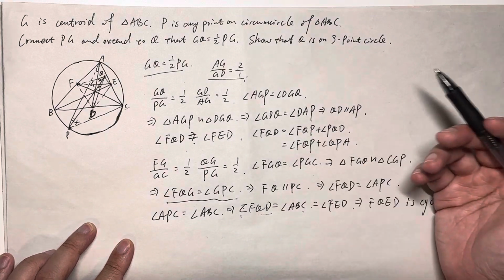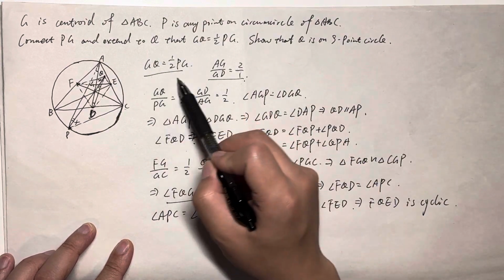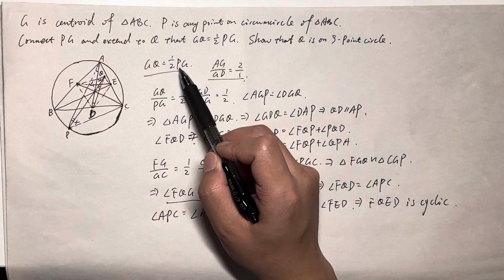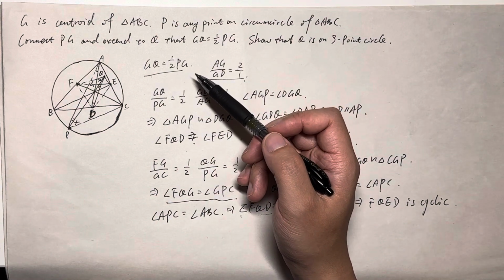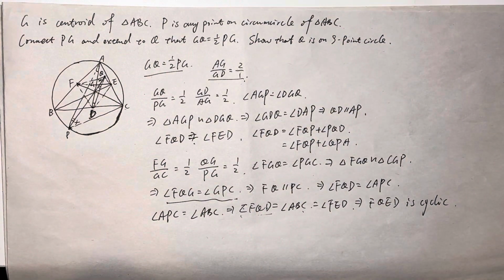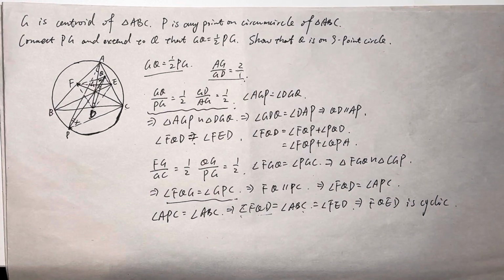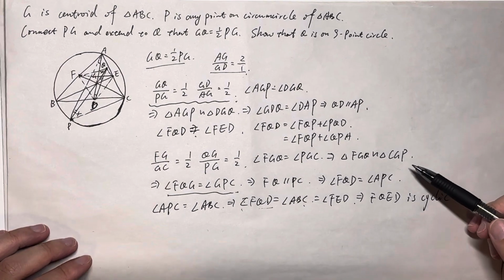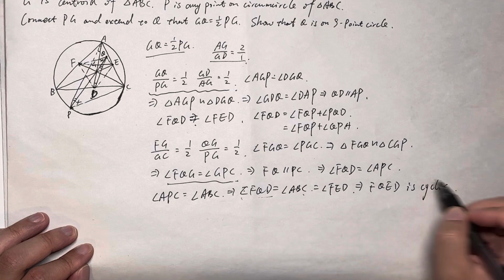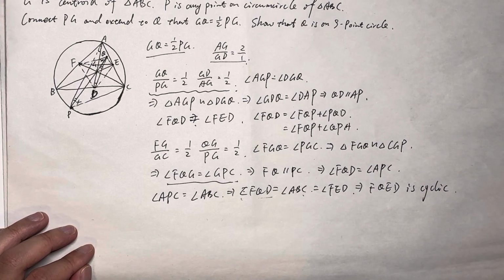So we need to correlate that to GQ to PG equals 1 to 2. Once we relate these ratios together, we figure out the similarity of the triangles, then we know the equivalence of the angles, and then we can eventually derive the final result.